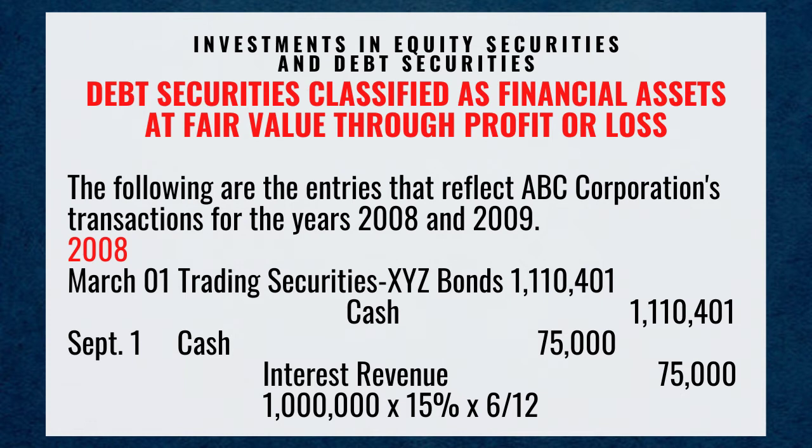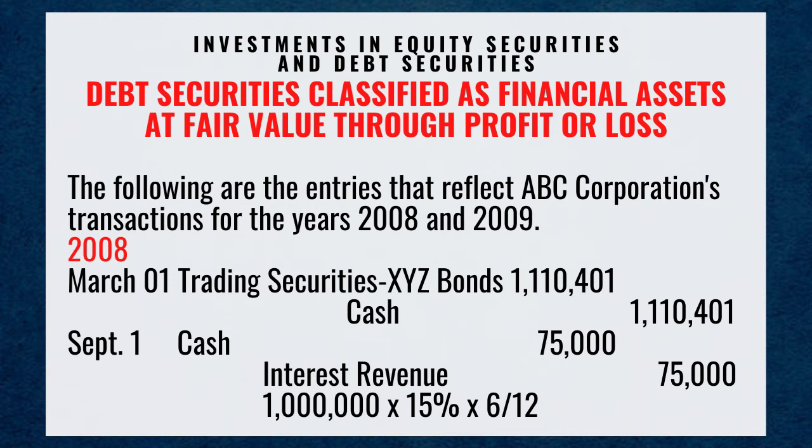2008, March 1st. Debit trading securities, XYZ bonds, 1,110,401 pesos. Credit cash, 1,110,401 pesos. September 1st, debit cash, 75,000 pesos.